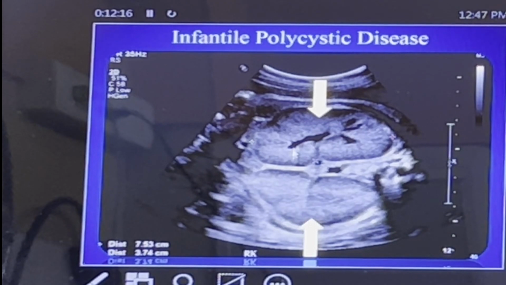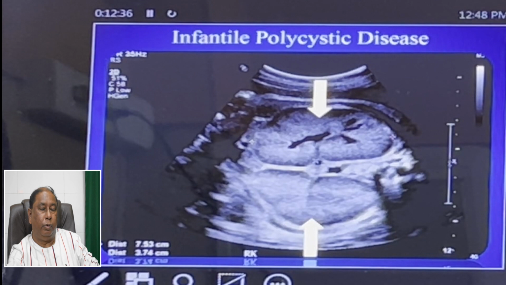Here you see two echogenic kidneys. This is infantile polycystic disease. It is an autosomal recessive disease and is present in the fetus in utero. This disease is incompatible with life. On obstetrical ultrasound, bilateral hyperechoic kidneys are seen with oligohydramnios.